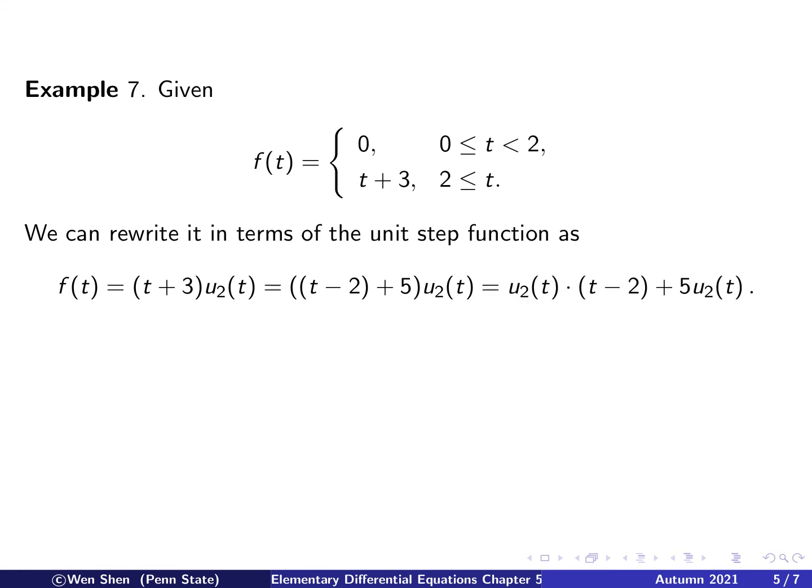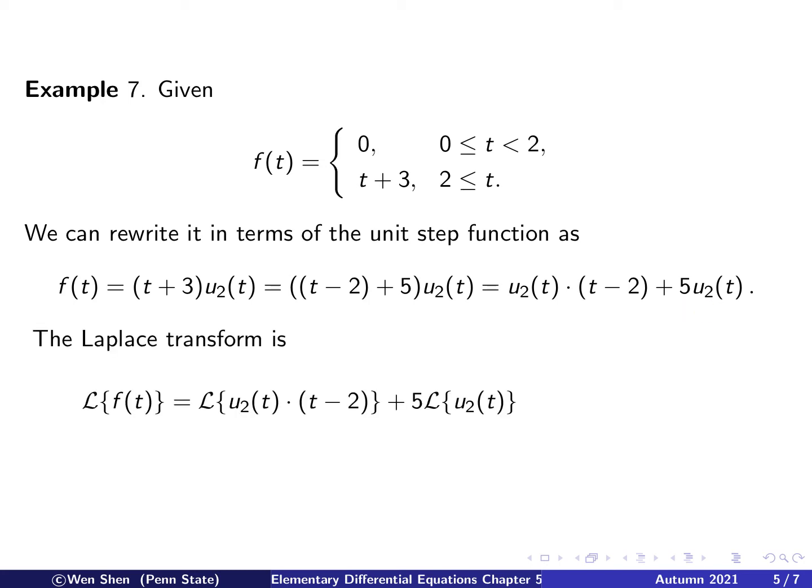And then here I can break it into two terms, or I don't really have to, but let's do that. So I have u2 of t times t minus 2, plus 5 times u2 of t. Okay, now I'm ready to take the Laplace transform. I can transform the first one here, and then take the transform of the second one here.